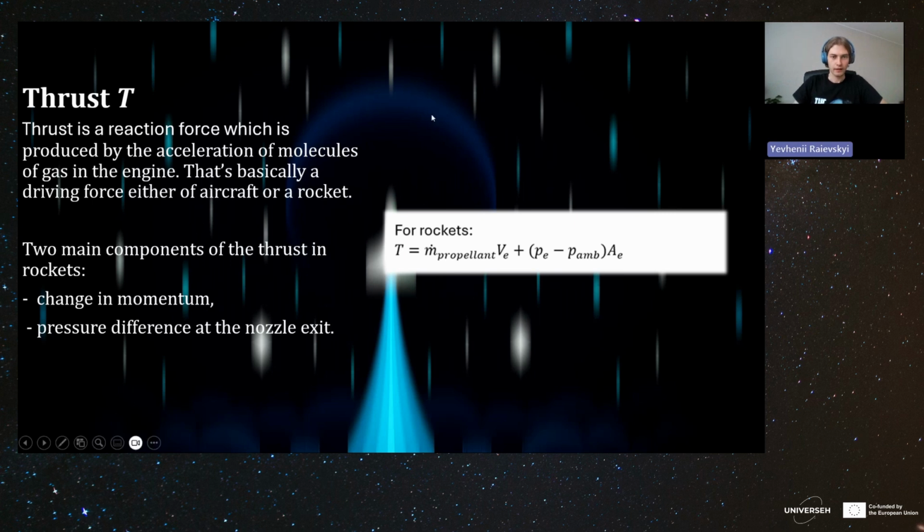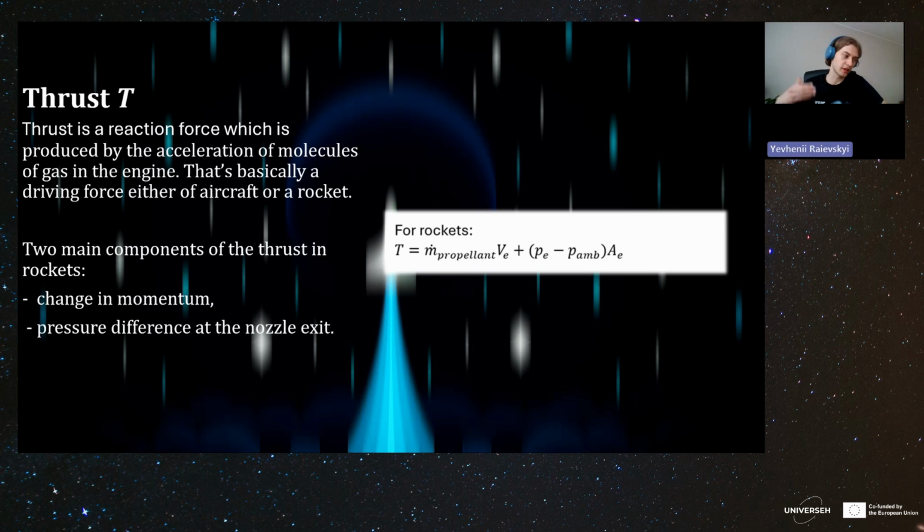So this equation has two components, as we can see, the sum of the two components. The first component is mass flow rate of propellant times exhaust velocity. This is basically the change in momentum when the combustion reaction occurs.